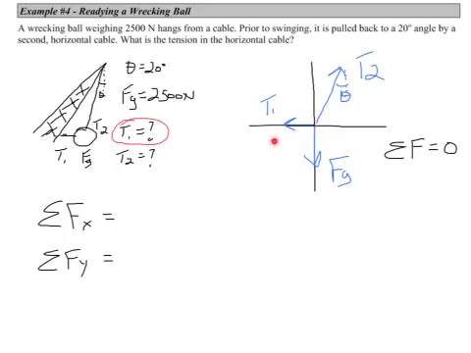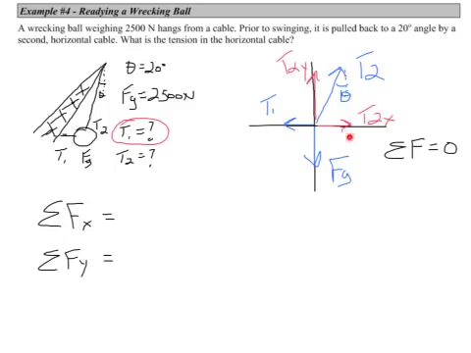Here we've got tension 1 in the x direction. Tension 2 has components in the x direction and y direction. So here would be T2x and here would be T2y. And we're going to put those into our expressions down here for our forces in the x and y direction. In that x direction I have just T2x and T1.